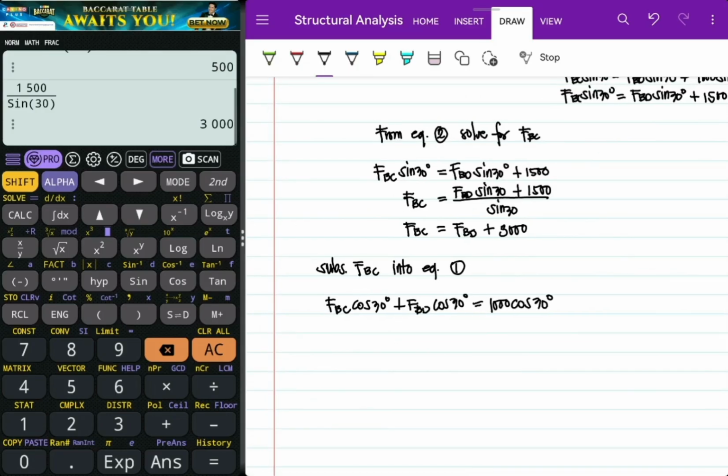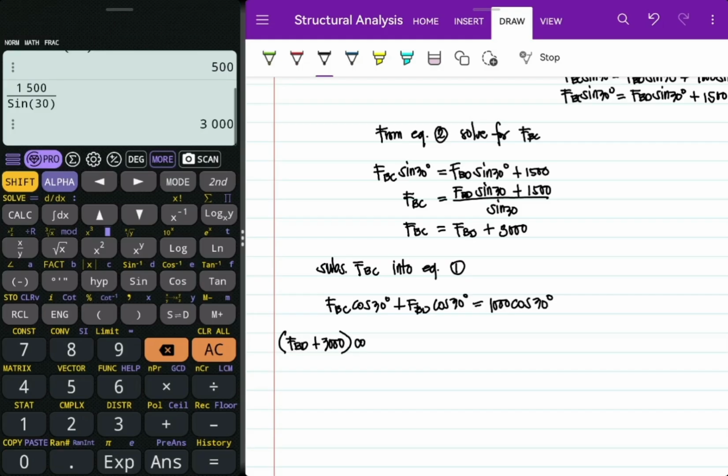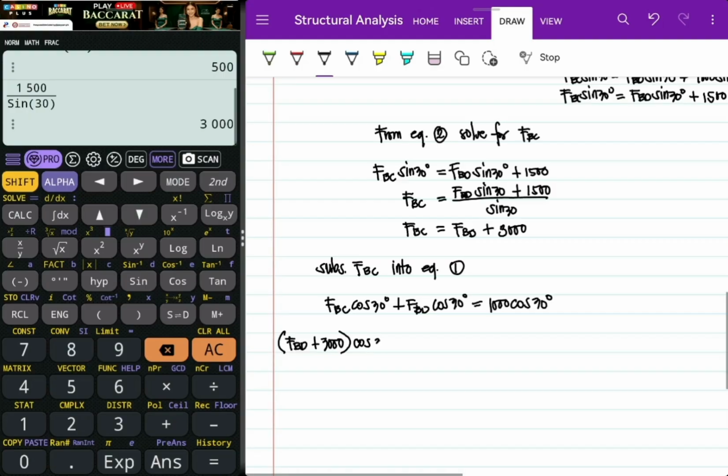And then we substitute BC: FBD plus 3000 cosine 30 degrees plus FBD cosine of 30 degrees is equal to 1000 cosine of 30 degrees.